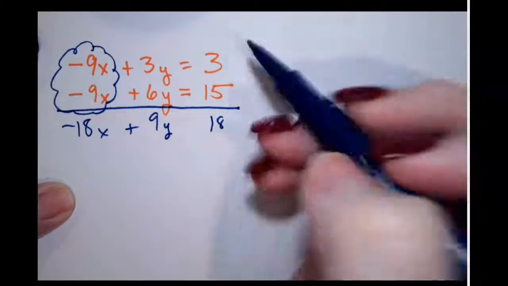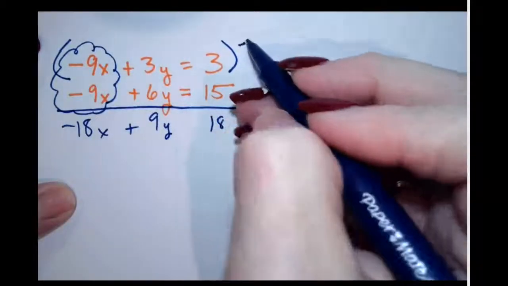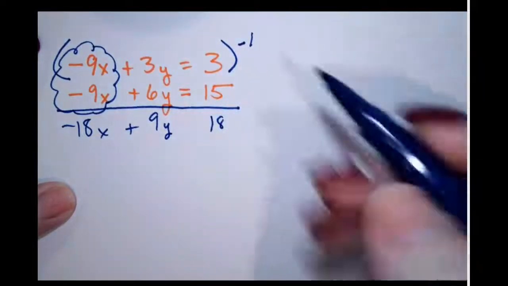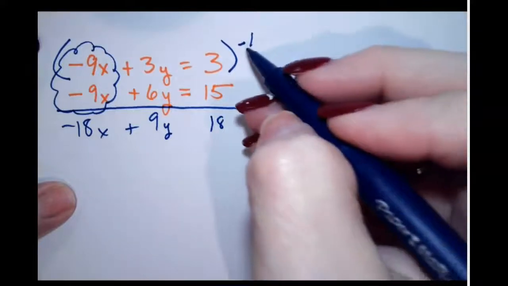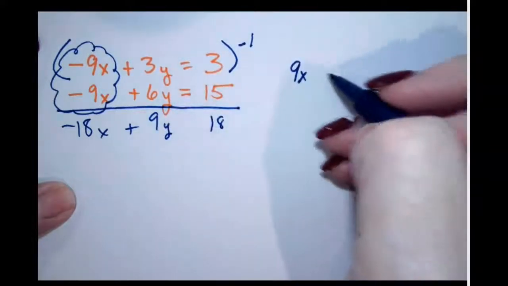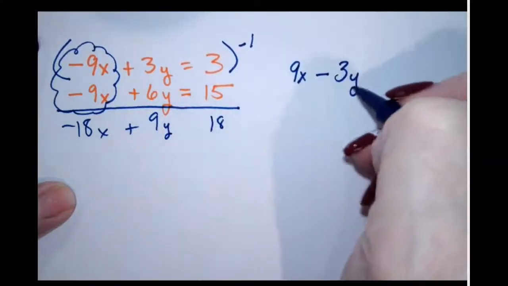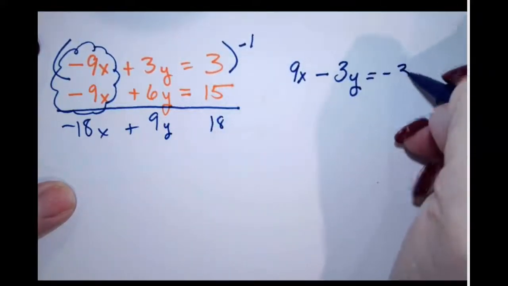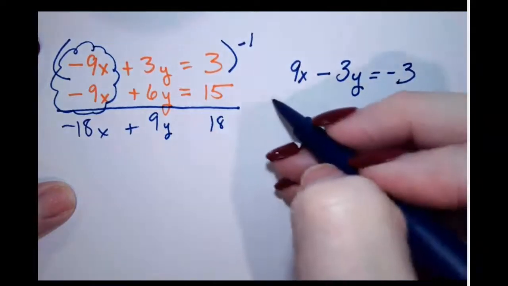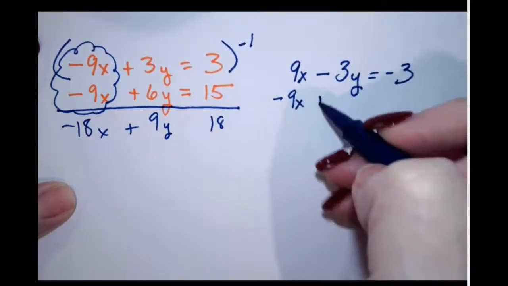So how about we just multiply everything in this first equation by negative 1. So negative 1 times negative 9 is positive 9. Negative 1 times 3y is negative 3y. Negative 1 times 3 is negative 3. So now I write the next one down.